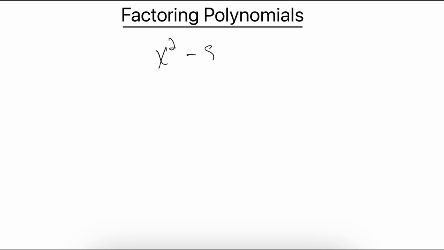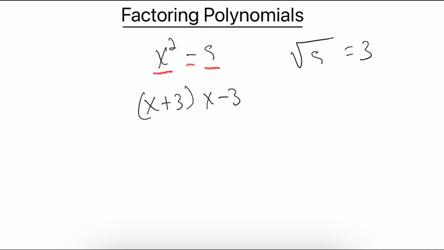Now we have x squared minus 9. Anytime we have a variable squared minus something that you can take a perfect square root of, it's called the difference of squares. So the square root of 9 equals 3. So our answer is always going to be our variable plus 3 times our variable minus 3.